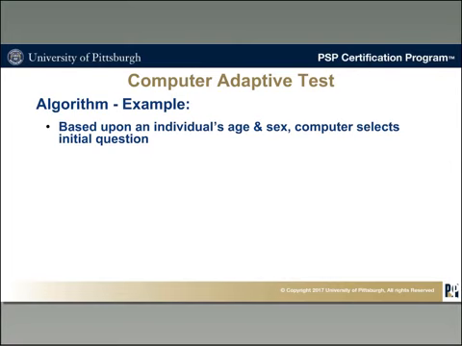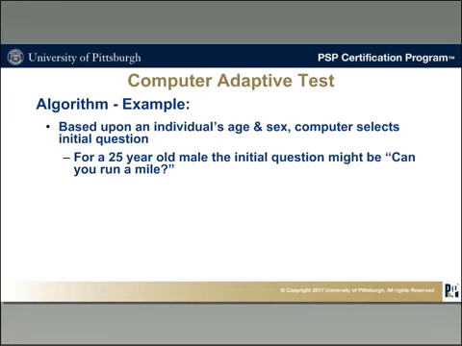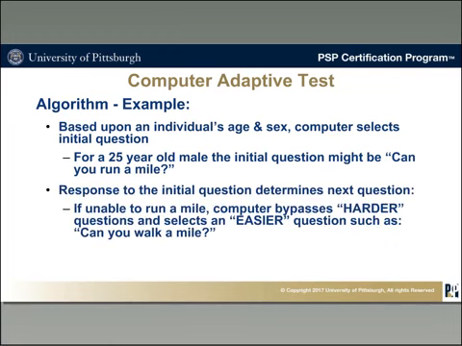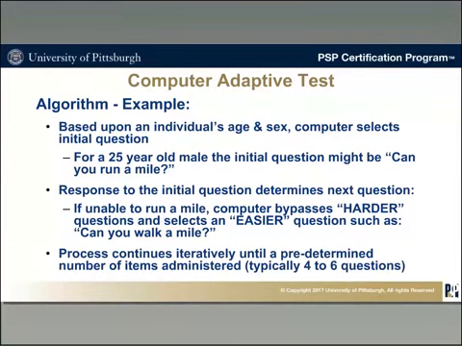So as an example, based upon the individual's age and sex, the computer will select an initial question. So perhaps for a 25-year-old male, the initial question might be, can you run a mile? The response to this question is going to determine the next question. So if the individual is not able to run a mile, the computer would bypass harder questions, for example, running 5 miles, to select questions that are easier, such as can you walk a mile?